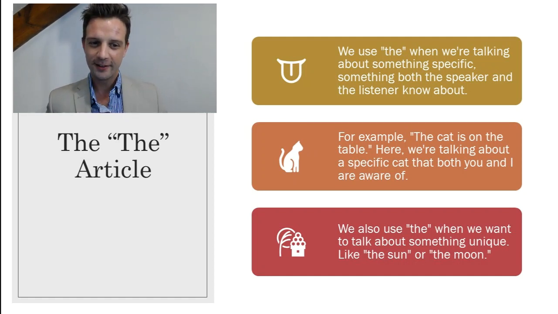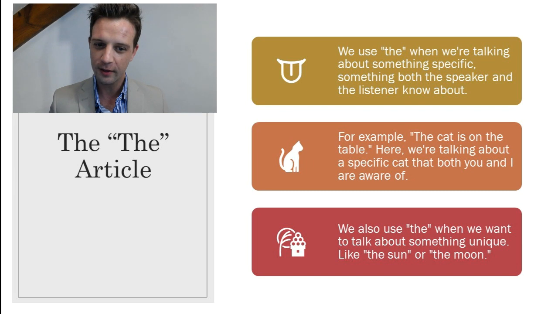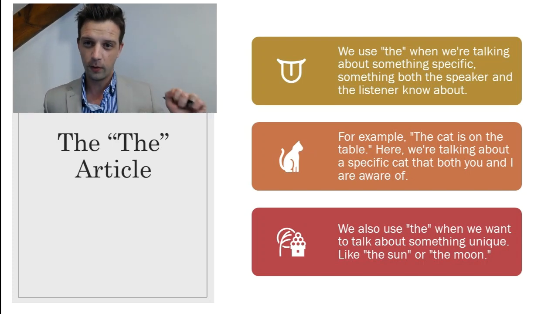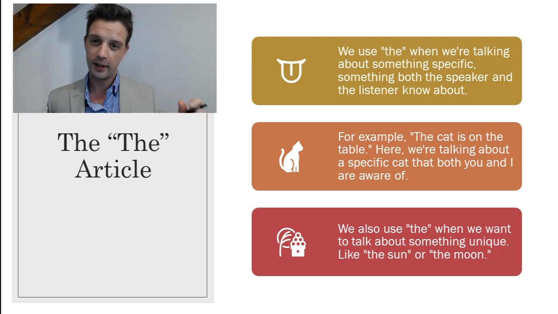We use the when we want to talk about something unique, like the sun or the moon. Okay? So sometimes when we are trying to talk about something there's only one of that we know about, like the sun or the moon, then we also use the. Okay? So we are specifying the sun or the moon.